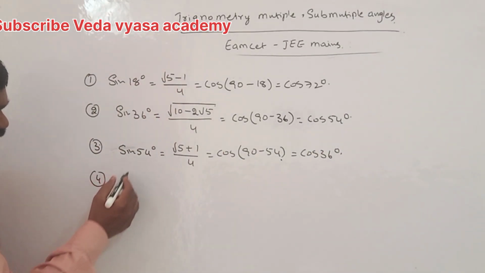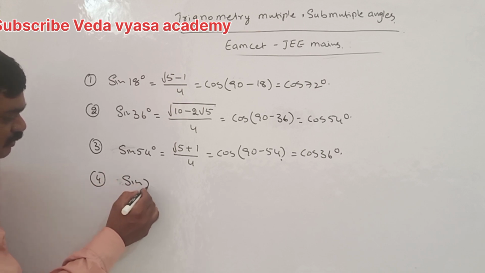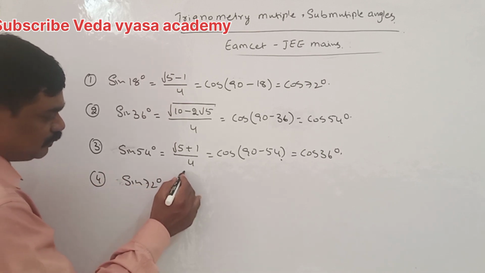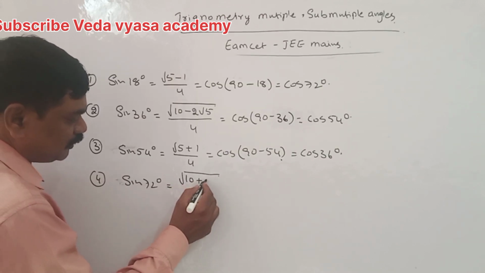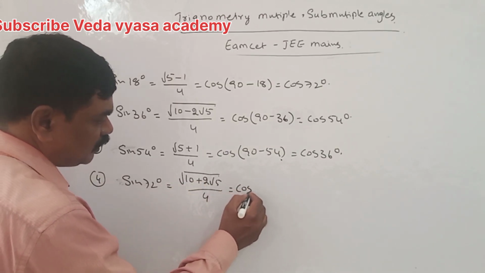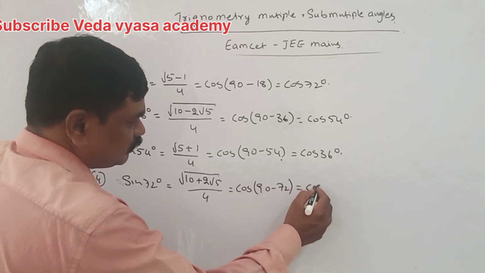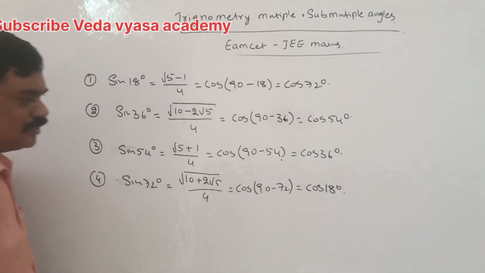Fourth one, sin 72 degrees is equal to root over 10 plus 2 root 5 by 4, which is equal to cos of 90 minus 72, that is cos 18 degrees.